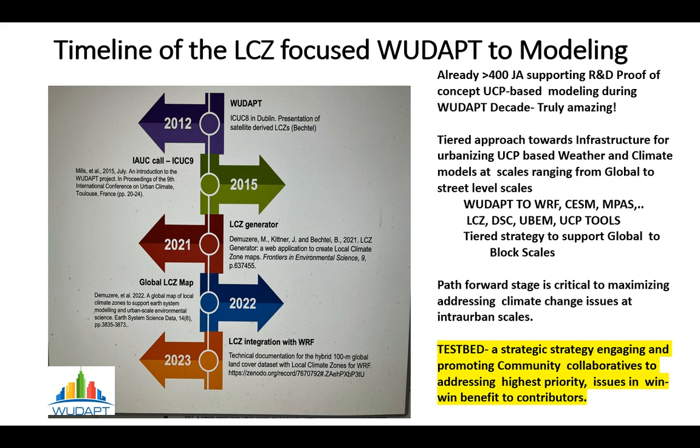And that's where we are currently. We've made a lot of progress in 10 years, at least 400 papers in a decade on this subject. It's amazing. We also have other products that get into more detail to support the local climate zone concept.